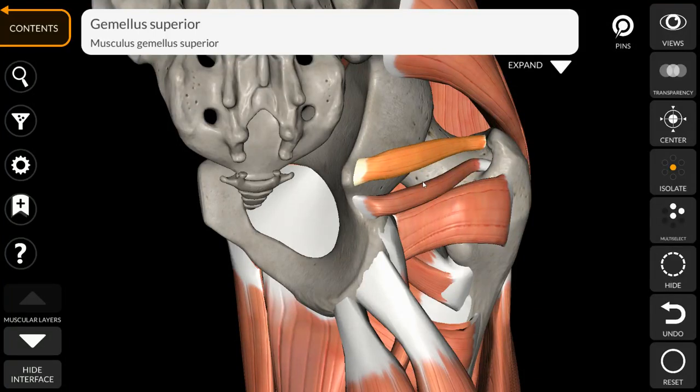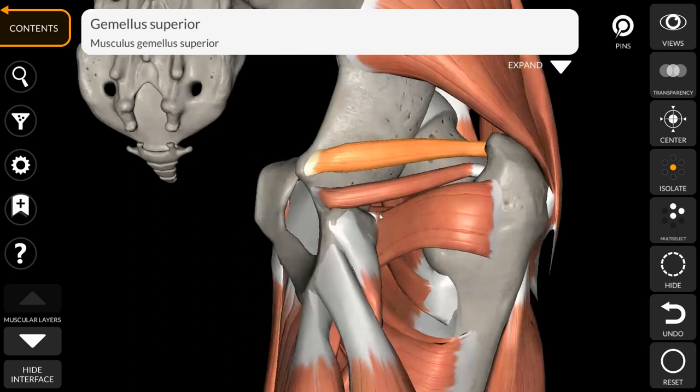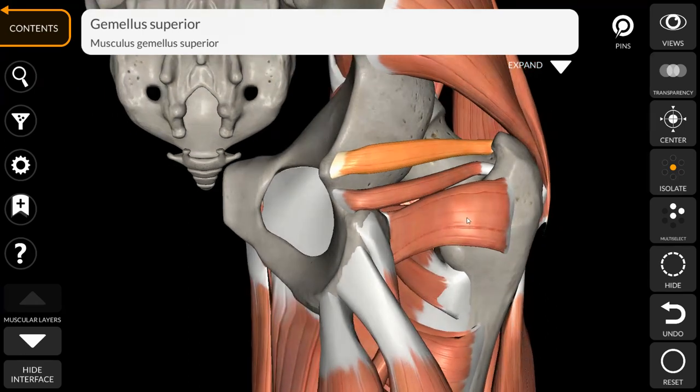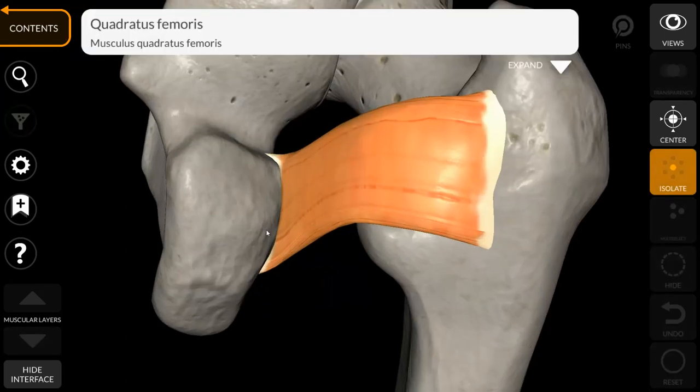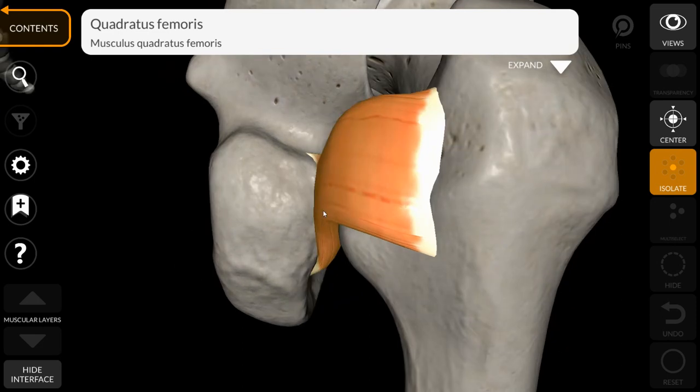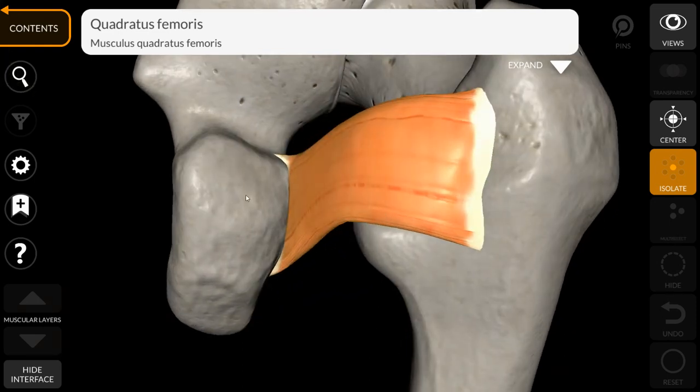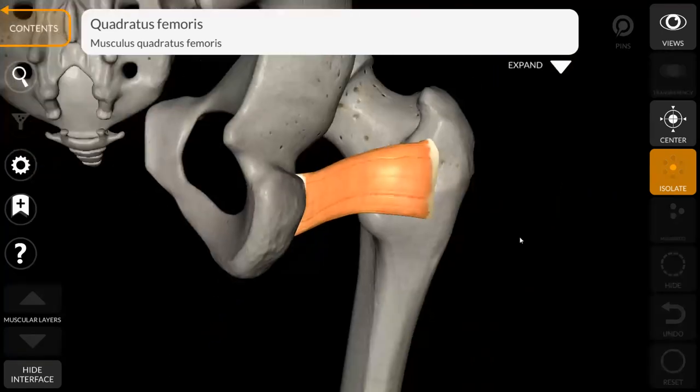And the last one, the most inferior of the external rotator muscles, is basically this muscle. It has something like a quadrant shape, and this muscle is known as the quadratus femoris. It's not quadriceps, but quadratus femoris. Where does this muscle come from? It comes from the lateral surface of the ischial tuberosity, and it attaches in between the greater trochanter and lesser trochanter, into the intertrochanteric crest.